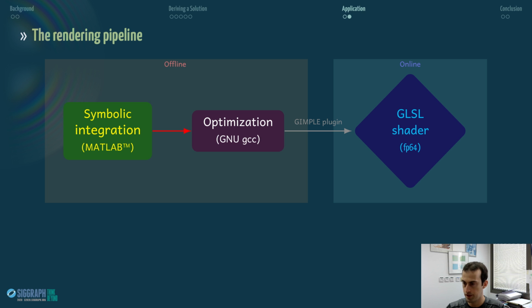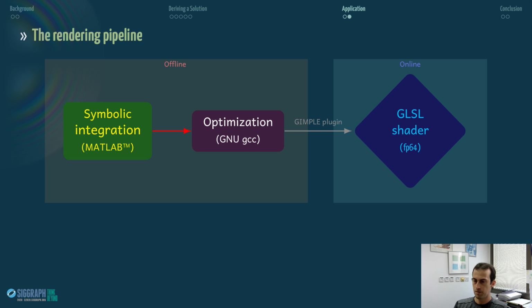Closed form results are then written out, parsed, converted into C code, and fed through the GNU C compiler for optimization. A Gimple plugin for the GNU C compiler then writes out the optimized code, the intermediary optimized representation, into a GLSL shader, which then can be fed to the GPU and used for rendering.